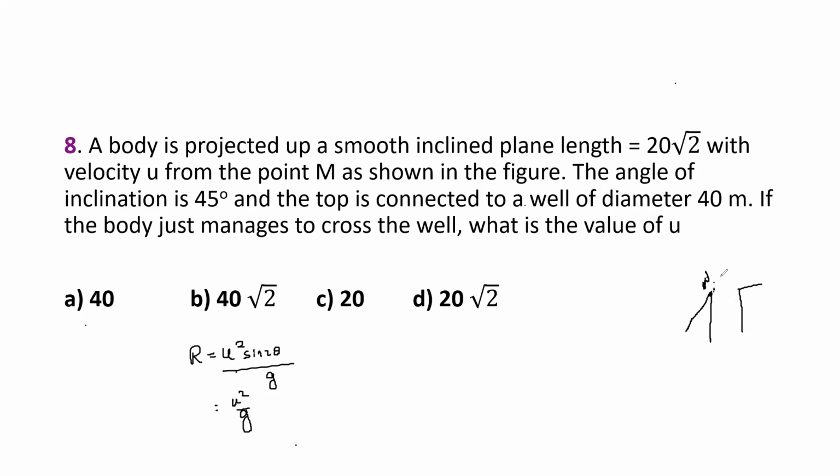This is N, this is the velocity v, and here we take it as r. Here it is 40 meter, and then here it is u1, and here we have u from M to N.